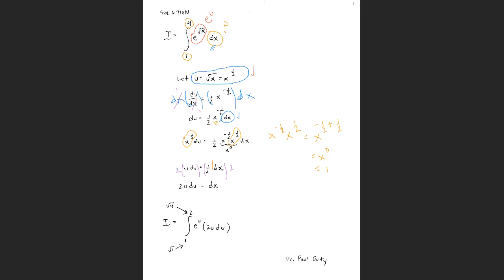And so then that 2 times a half is 1. That's going to give me 1 dx equals 2u du. And so now I know what dx is. dx is 2u du.